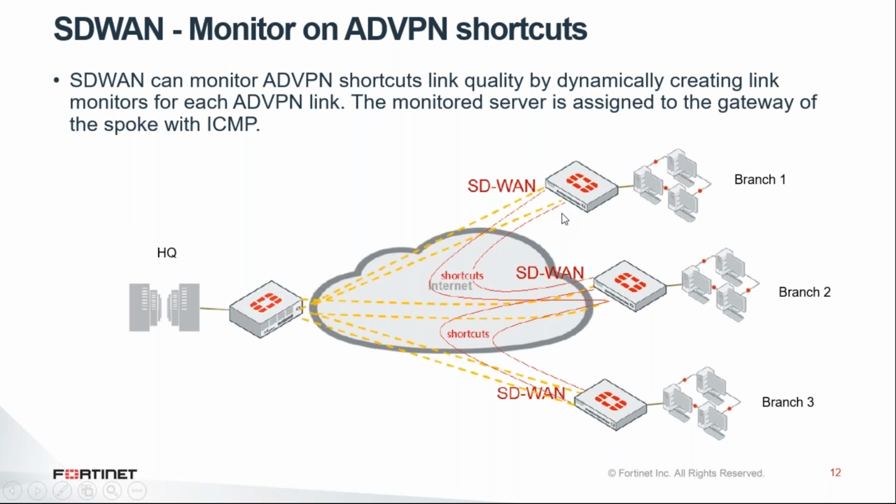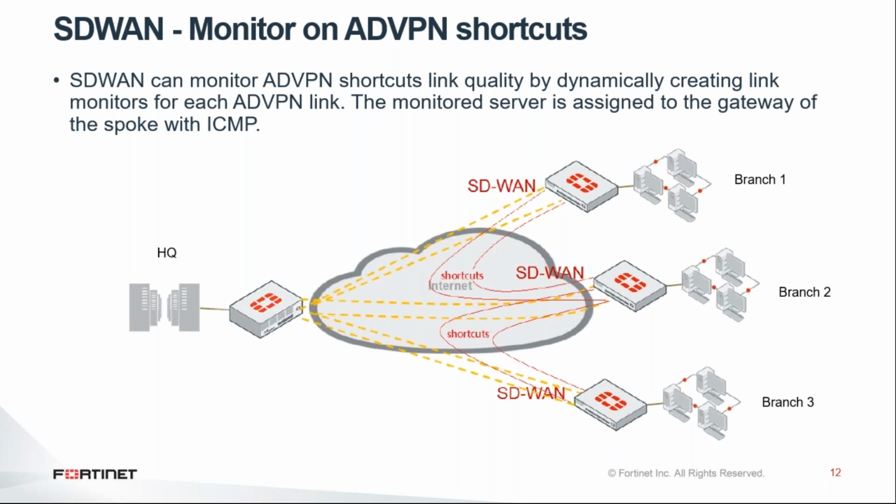We will use SD-WAN to use the optimal path to the headquarters. So let's say 99% of the traffic is between the branch and the headquarters, but sometimes we need to have communication between branches. Let's think about voice over IP and those kinds of things.